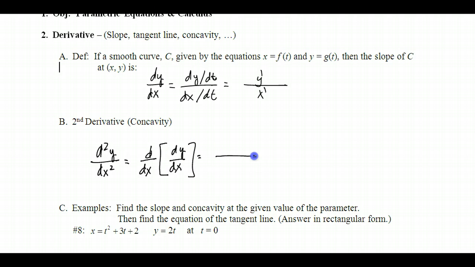Well, what this is equivalent to, we know that these things are going to be in terms of t. Because up here in our first derivative, the derivative of y is in terms of t, the derivative of x is in terms of t. So we still need our derivative in terms of t. So this breaks it down, and here we're taking the derivative of our first derivative, basically, and that's in terms of t.